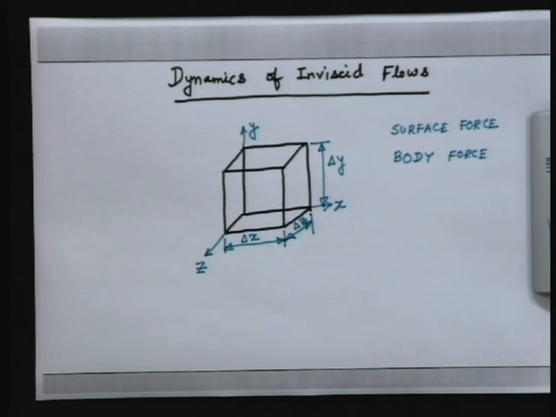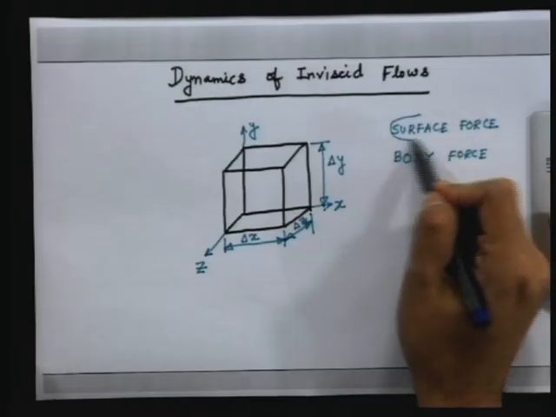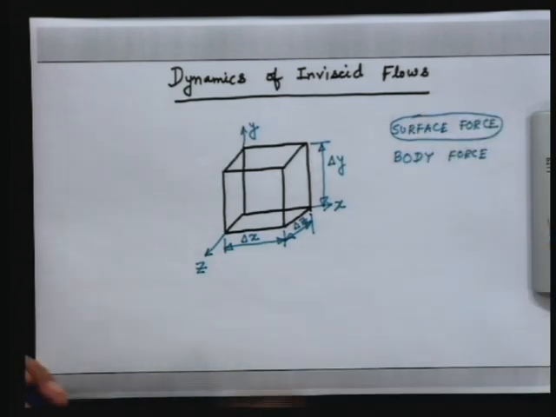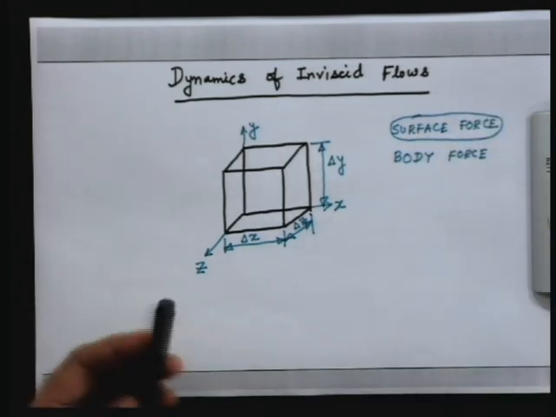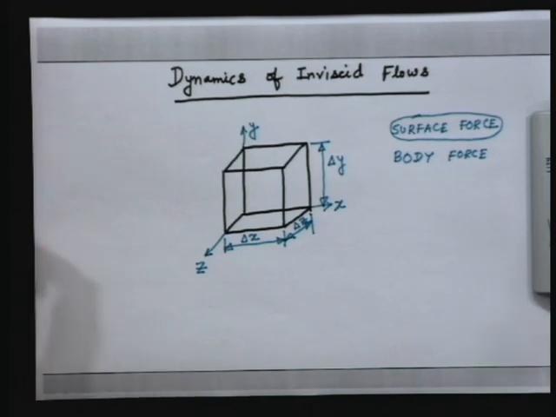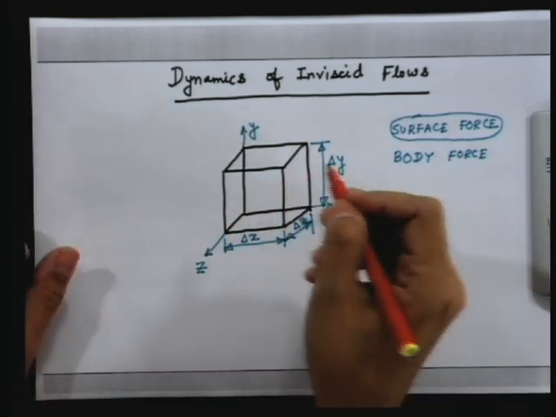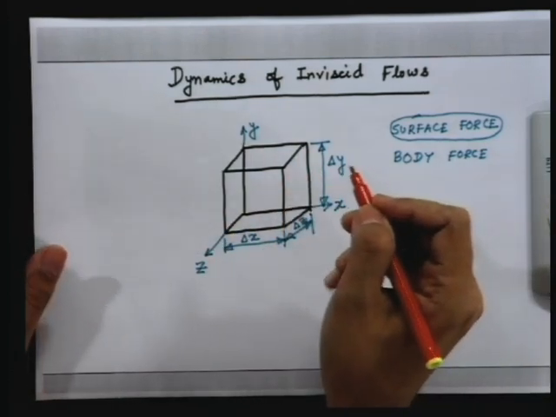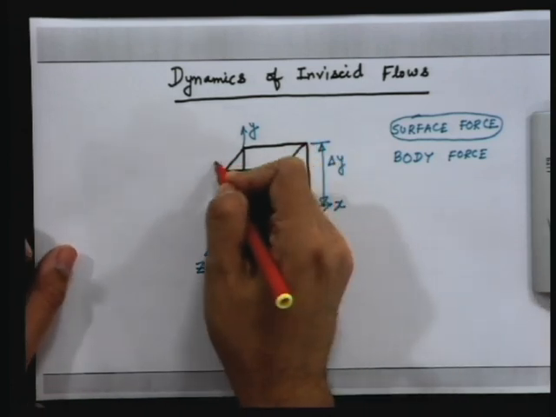But when viscous effects are absent, you have the normal component of force manifested only in the form of pressure and its gradients. So, the surface force that we talk about here is essentially the normal component of stress due to pressure. To make our life simple, we consider the forces only along x direction.